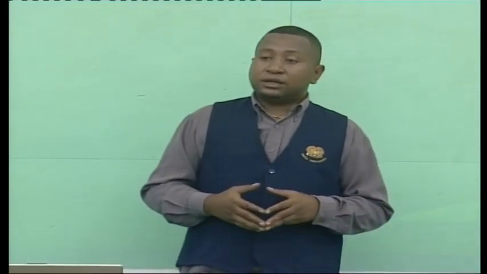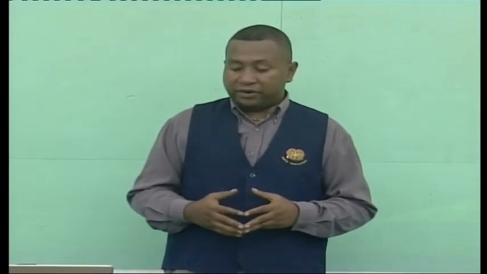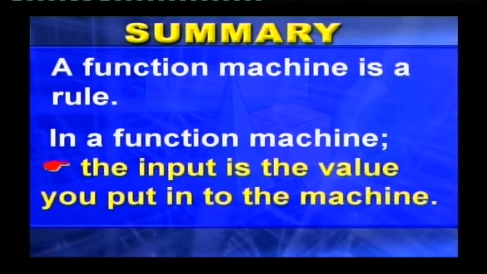With that, 7Es, let's look at our summary for today's lesson. A function machine is a rule. In a function machine, the input is the value you put into the machine.